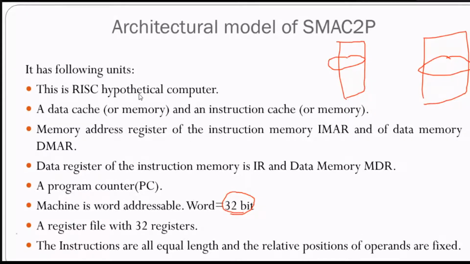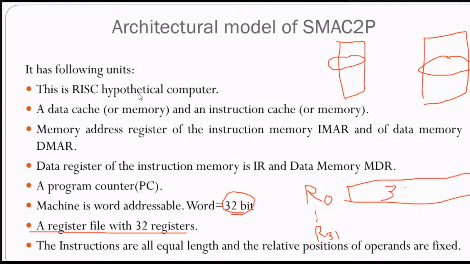And how many registers are there in our SMEC2P architecture? SMEC2P में कितने हमारे पास registers है? So we have registers from R0 to R31. And each and every register is of size 32 bits. हर एक register की size भी क्या है? 32 bits.